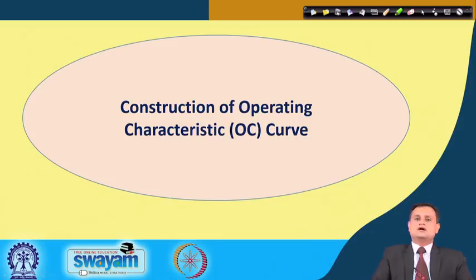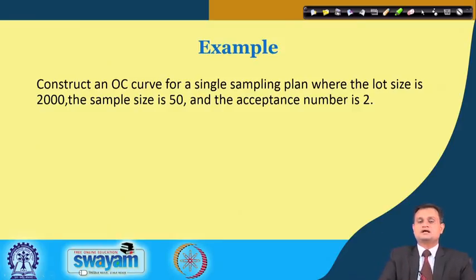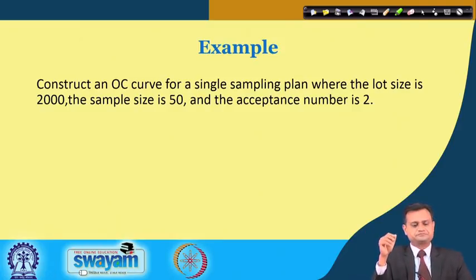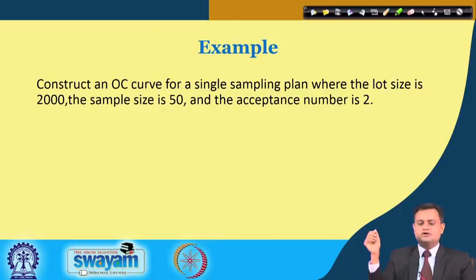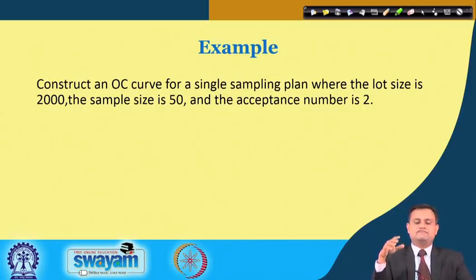And now let us see how you would construct the OC curve for a particular acceptance sampling plan. So let us take some data and construct an OC curve for a single sampling plan where the lot size is 2000, this is the complete lot, and from that lot you are taking a sample of 20.